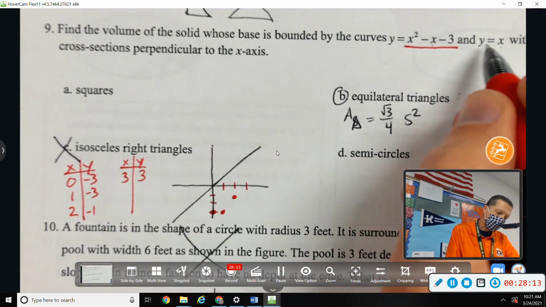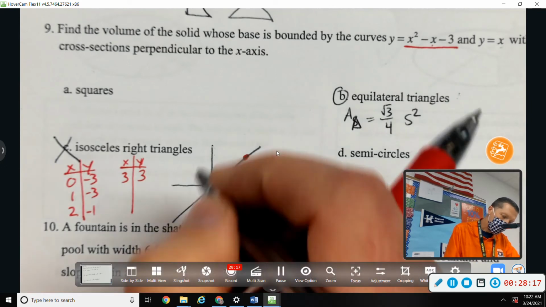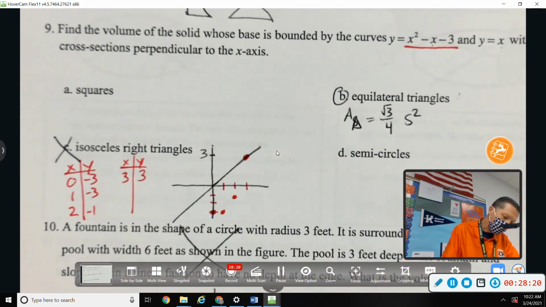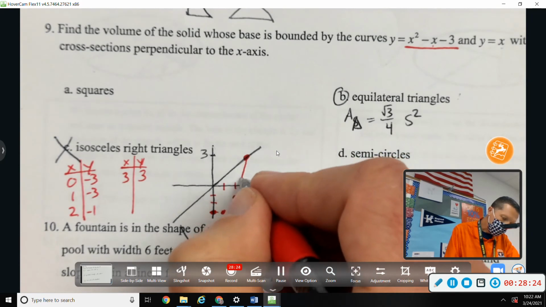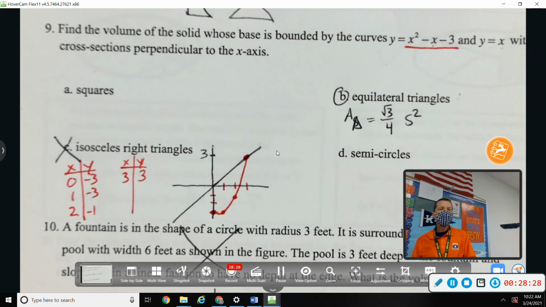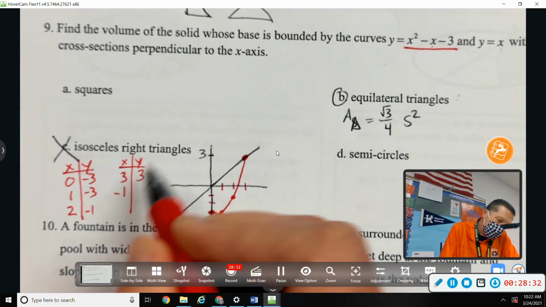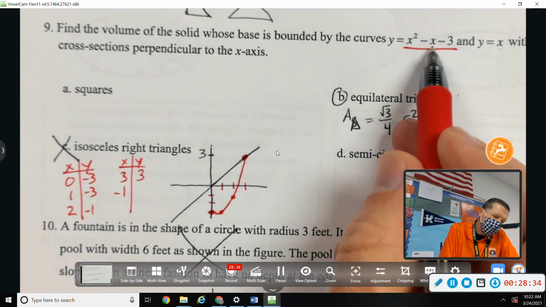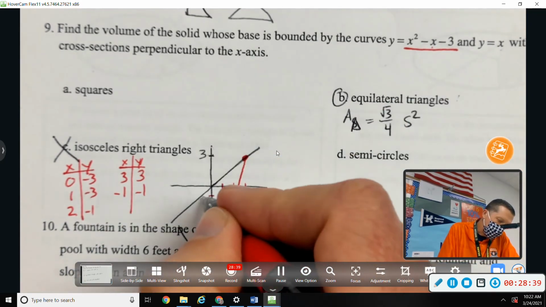That's going to land on y equals x. So there's our intersection right there. Let's go back the other way. Let's look at negative 1. So that'd be 1 plus 1 is 2 minus 3 is negative 1. Oh, there's our other intersection.